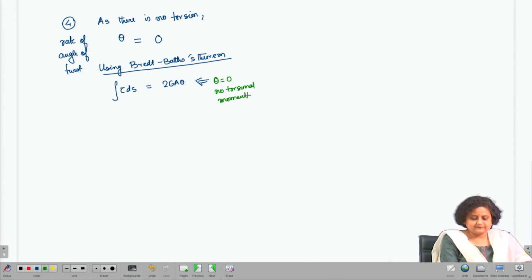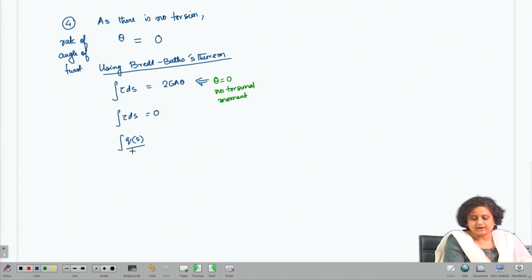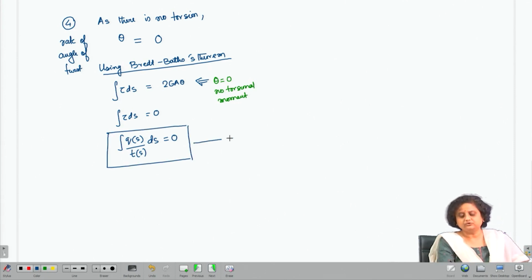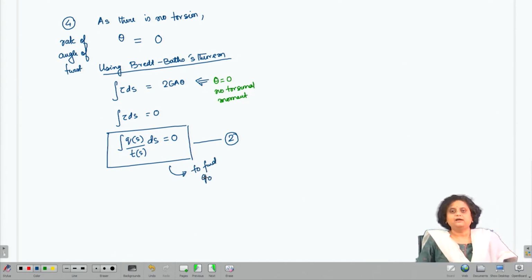So, tau ds is equal to 0. Now, tau ds can actually be written as the integral of Qs by t, if we have a varying thickness, into ds, which is equal to 0. So, therefore, we are going to use this expression to find Q0. So, we have got an additional equation.